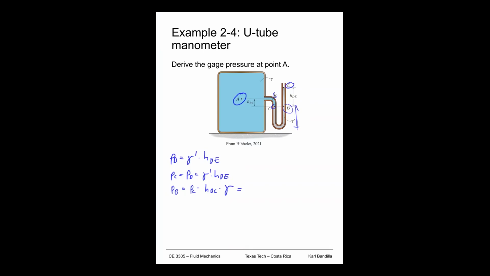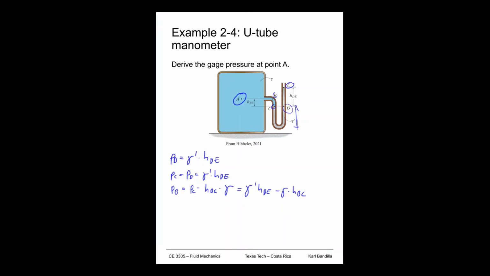We know what PC is: PC was just gamma prime times h_dE, and then we still have to subtract gamma times h_BC. So that's now the pressure at B.